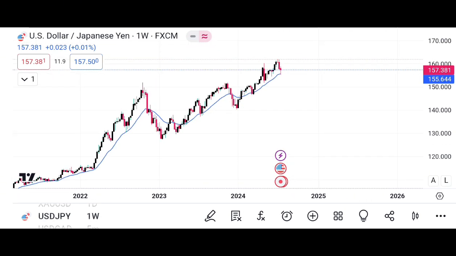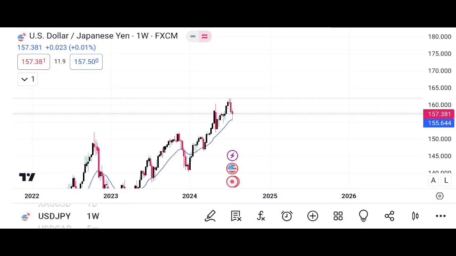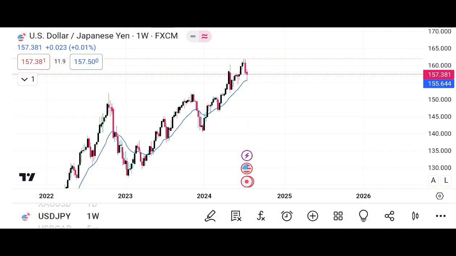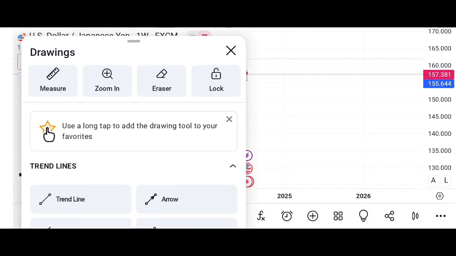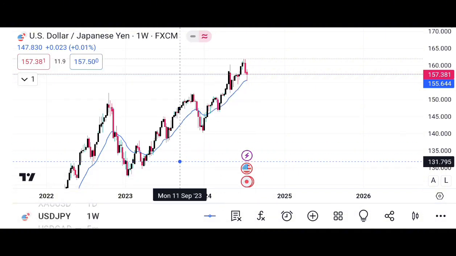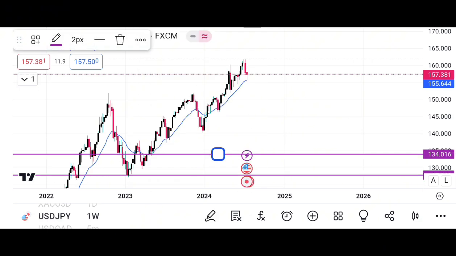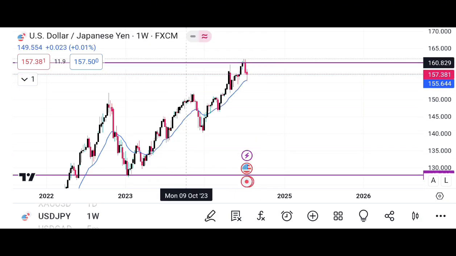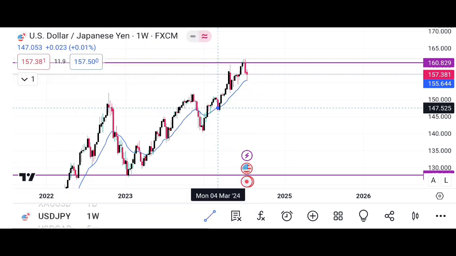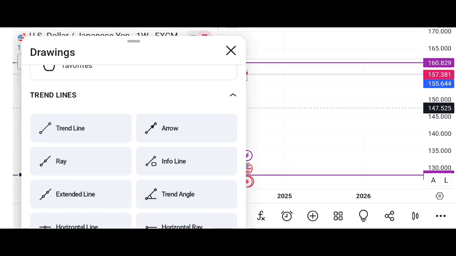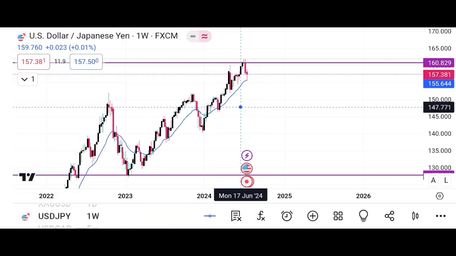So again, what we're looking at is 2023 to 2024 on our weekly time frame. We name the low of the week, high of the week, and middle.